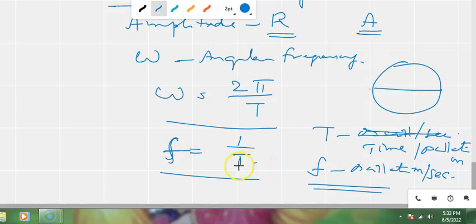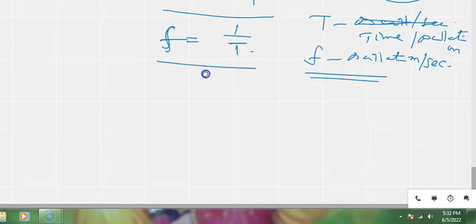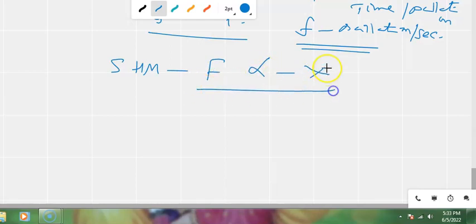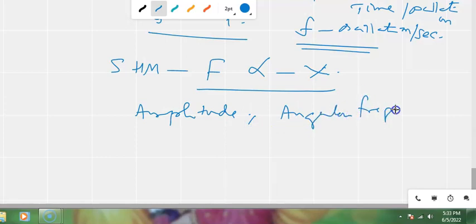So in studying simple harmonic motion, we need to know, to restate: the force is proportional to minus the displacement, then we have amplitude, then angular frequency, then frequency, then time period.